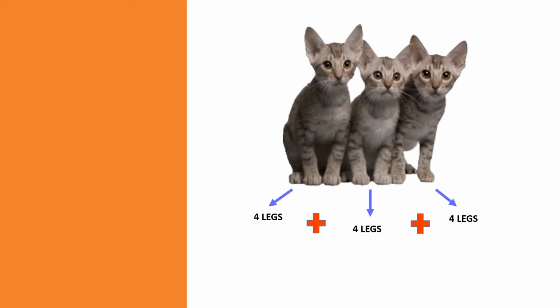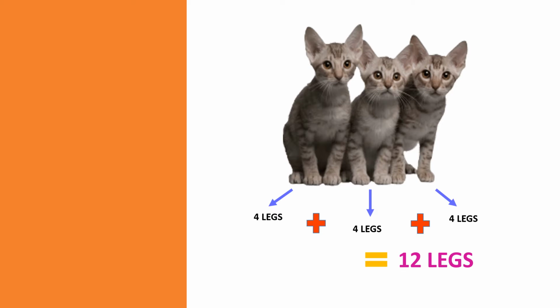So we have 3 cats and each cat had 4 legs, right? So what we are going to do here, we are adding the legs. 4 legs plus 4 legs plus 4 legs equals 12 legs. So how many legs did all the cats have? 12 legs.